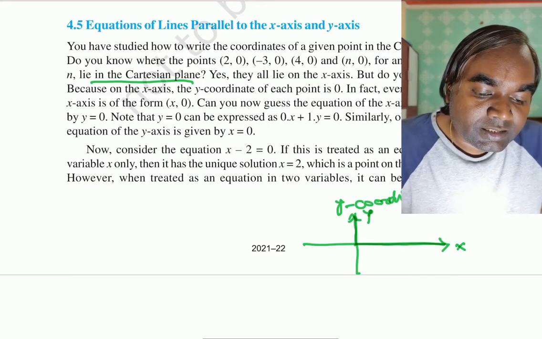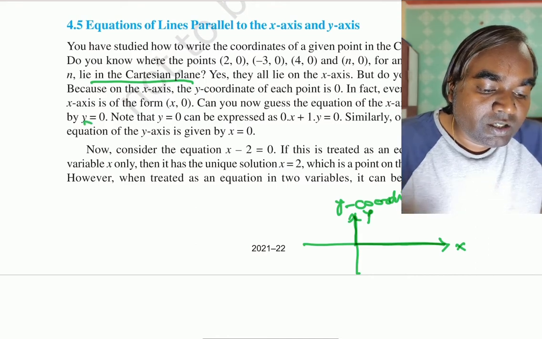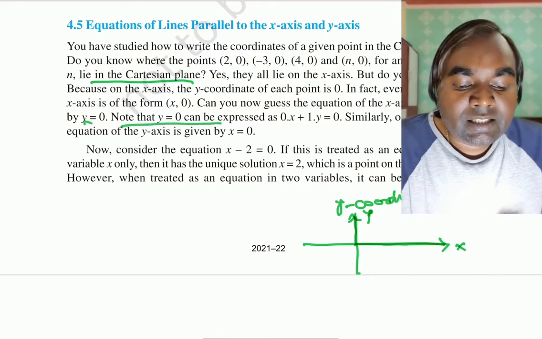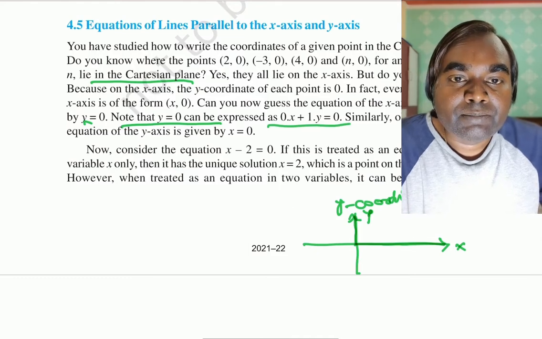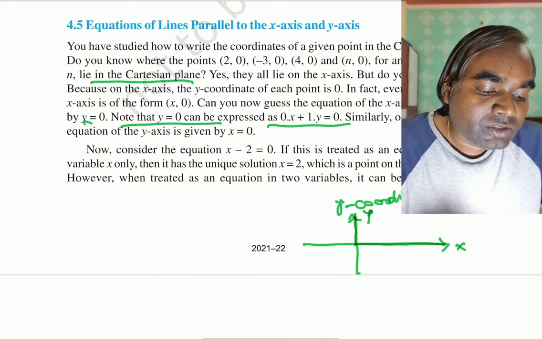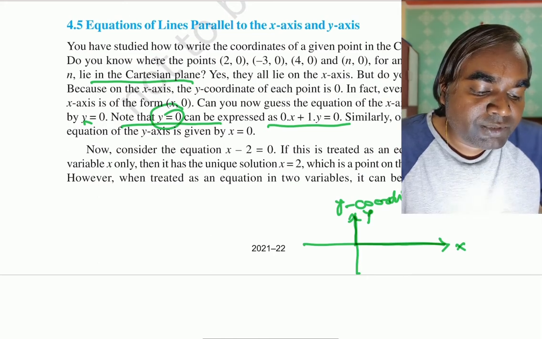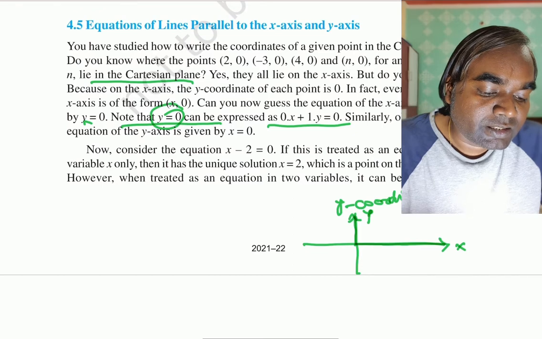Now it is said that the x-axis is given by y is equal to 0. Note that y equal to 0 can be expressed as the linear equation ax plus by plus c is equal to 0. What will we do to represent this y is equal to 0? We will substitute the coefficient of x as 0, the coefficient of y as 1, and c as 0. Similarly, we observe that the equation of the y-axis is given by x is equal to 0.